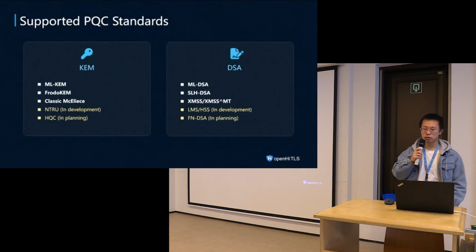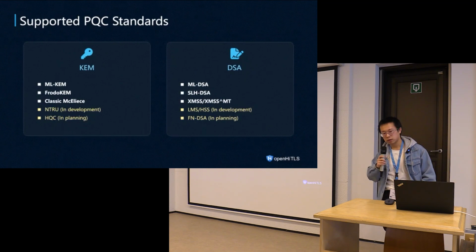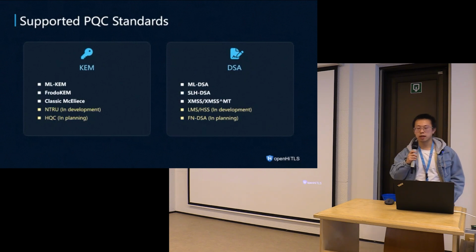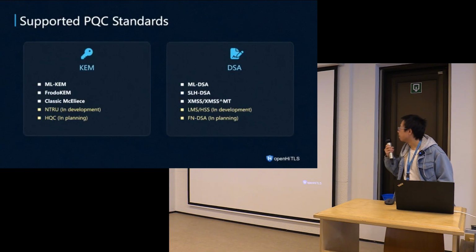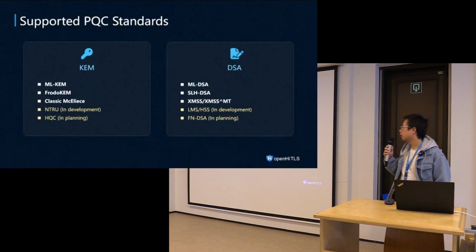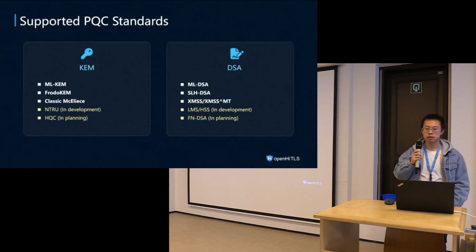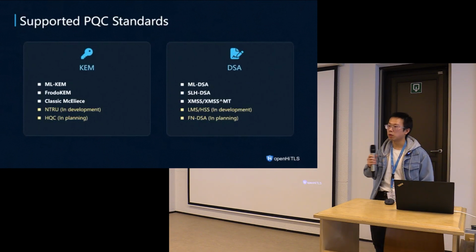For users who want to use stateful signatures, they can use XMSS and XMSS-MT. Also, we want to expand our algorithm set, so NTRU and LMS/HSS are under development. HQC and FN-DSA are on our roadmap.